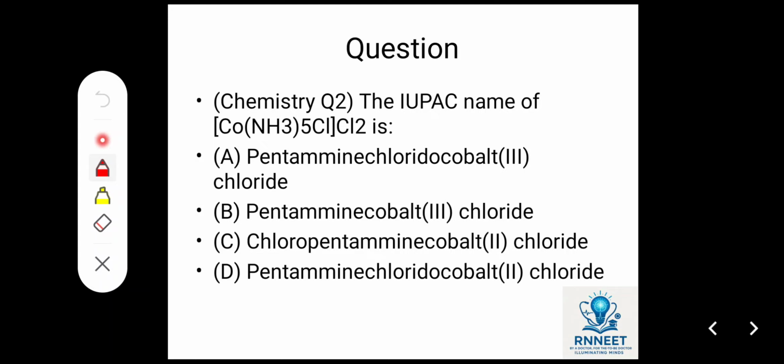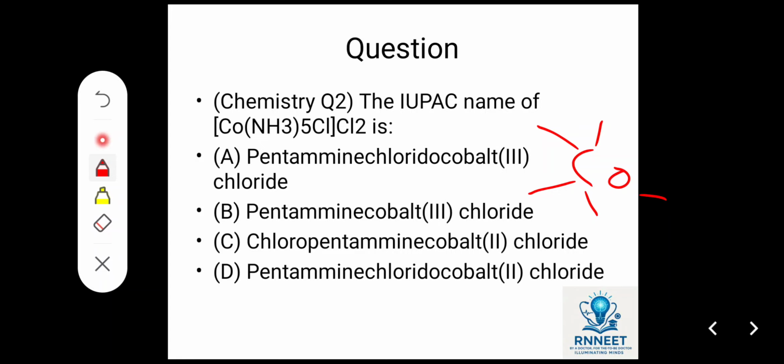Okay, let's analyze this. So it is basically, you know here that NH3 is a ligand, Cl is a ligand, and the central atom has to be your cobalt. So your central atom is your cobalt, and around that you're going to have 5 NH3 and 1 Cl. So therefore, the 5 NH3 is going to give you pentaammine and 1 Cl is going to give you chlorido.